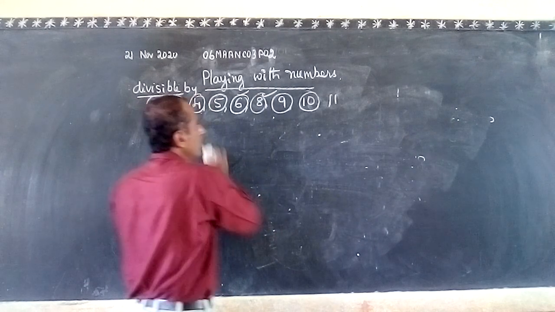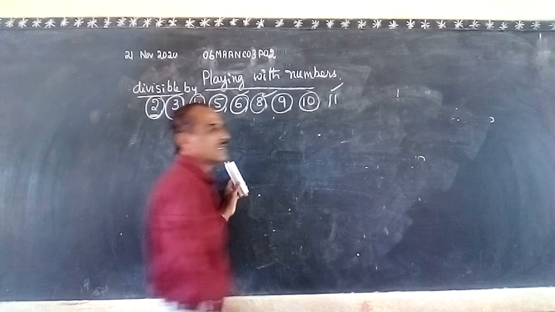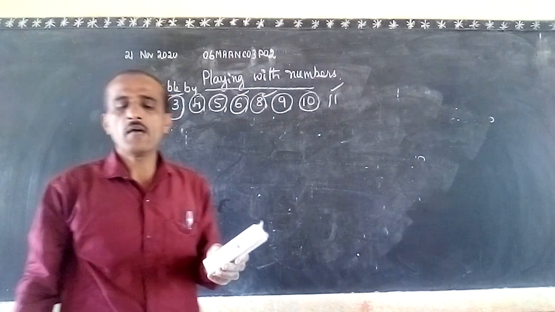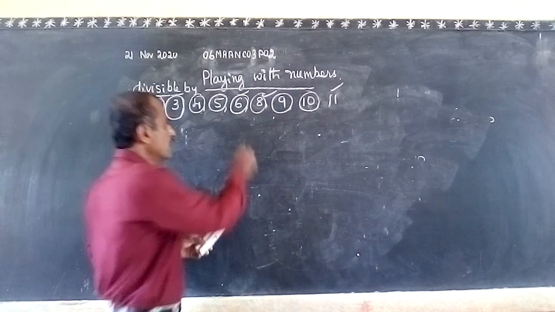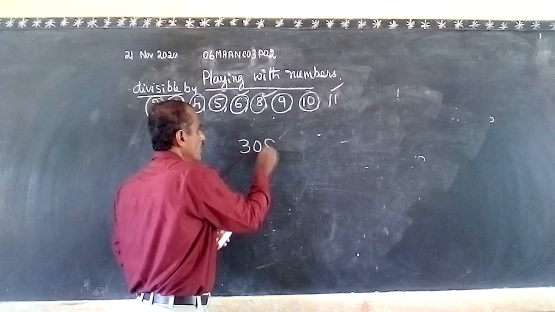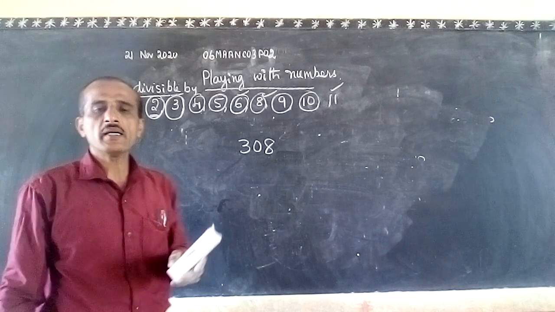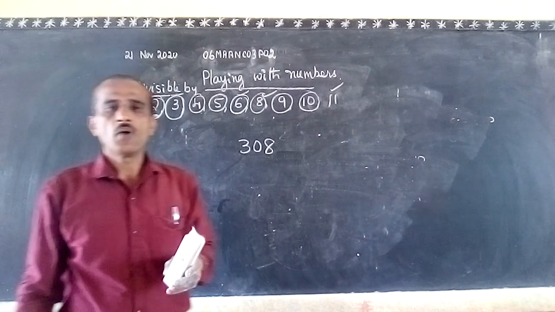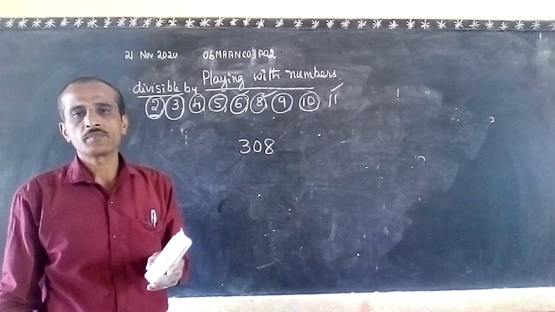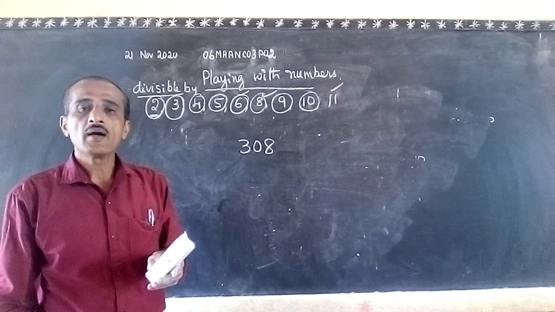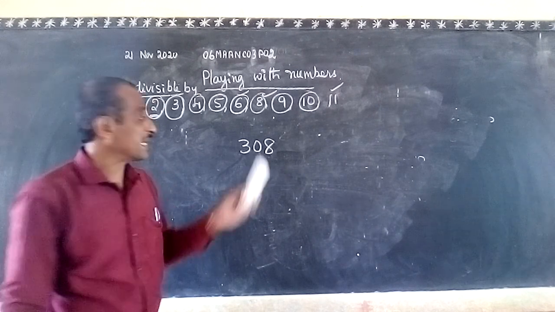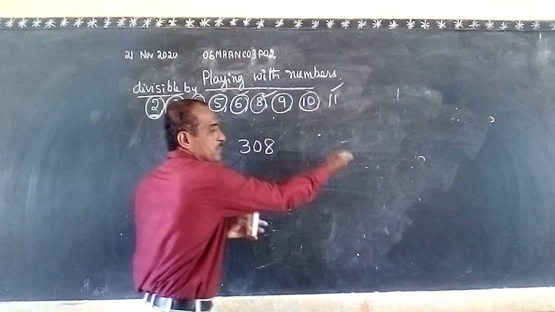Yes, next one more digit, whether it is divisible by 11 or not. For example, I will write a number, say 308. How to check this number is, you have to take the odd places from the right. Right means this side.